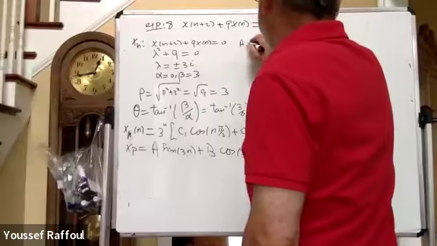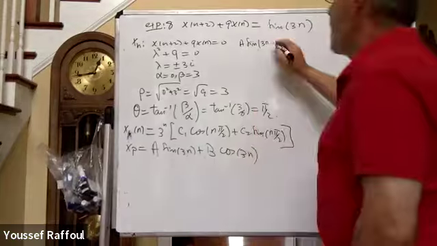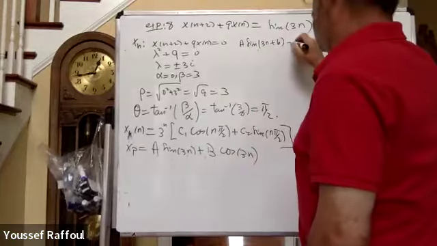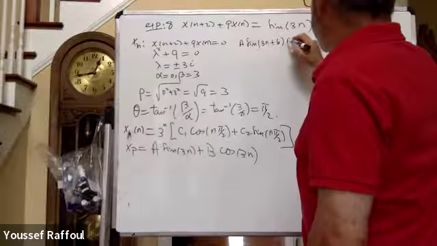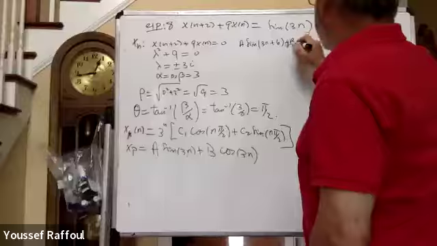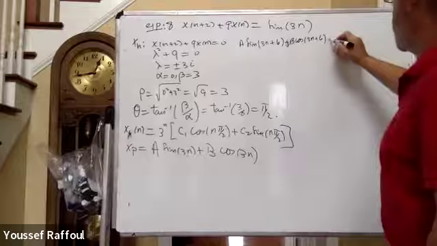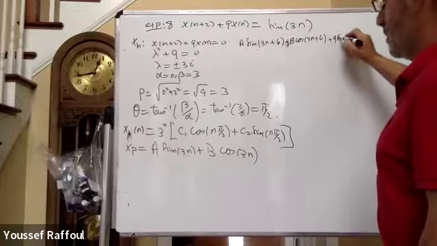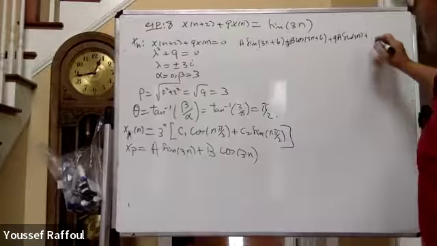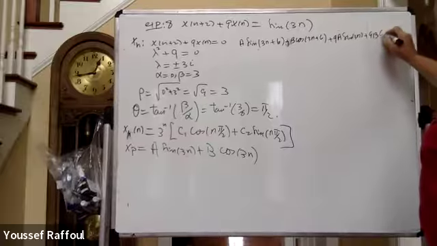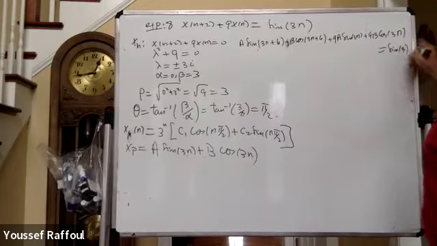So you're going to have a sine of 3(n+2) plus b cosine of 3(n+2) plus 9xn, that is 9a sine 3n plus 9b cosine 3n, equal to sine 3n.